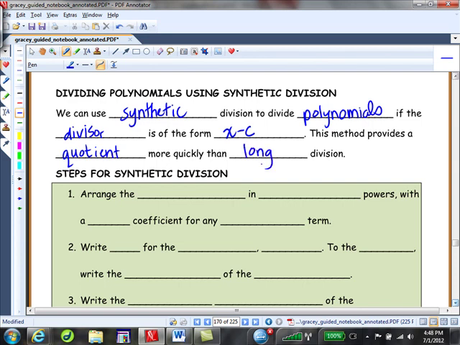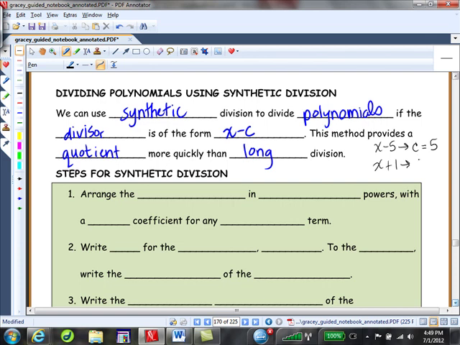Okay, let's practice a little. If I had x minus 5, what is c? It already has a minus, so c would just be 5. What if I had x plus 1?